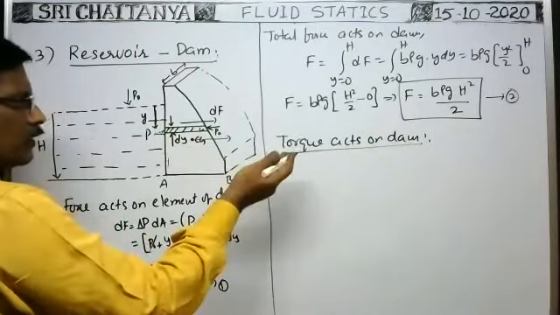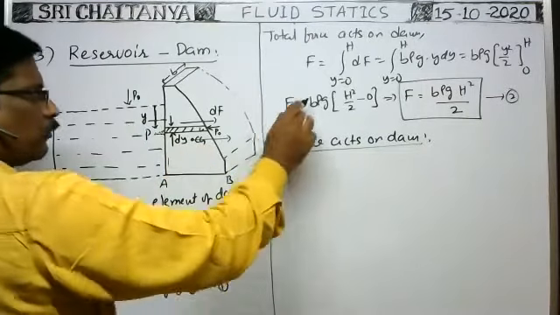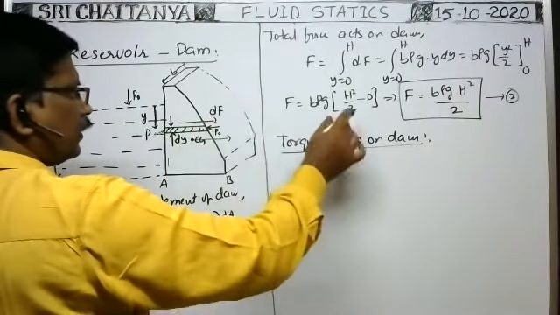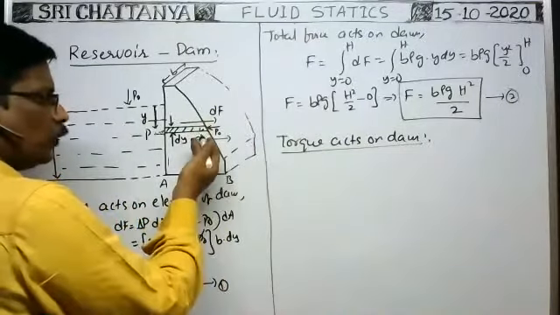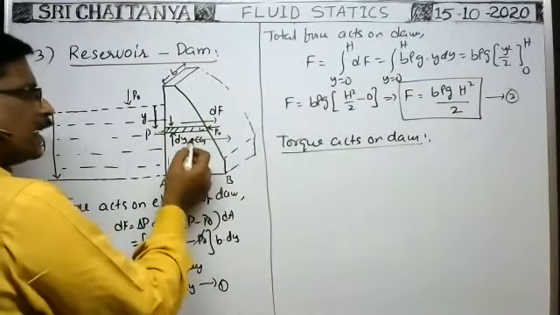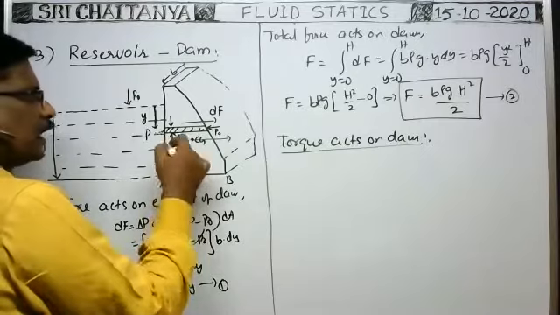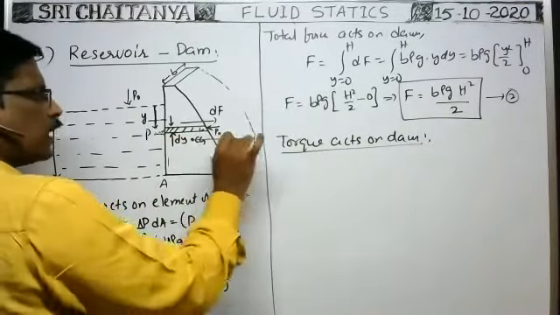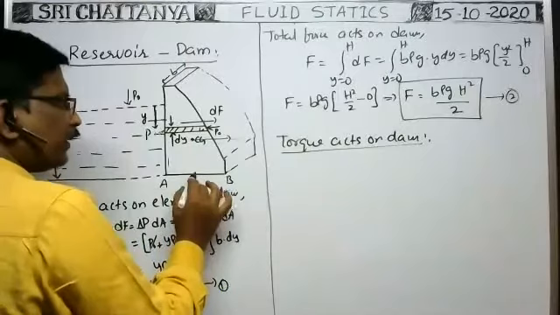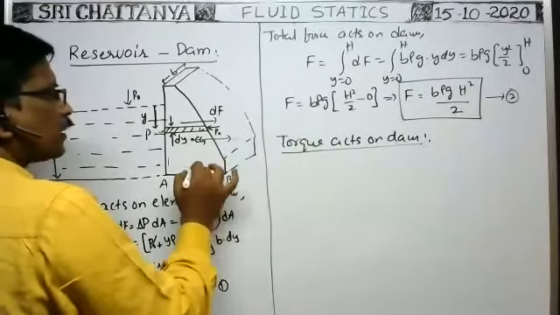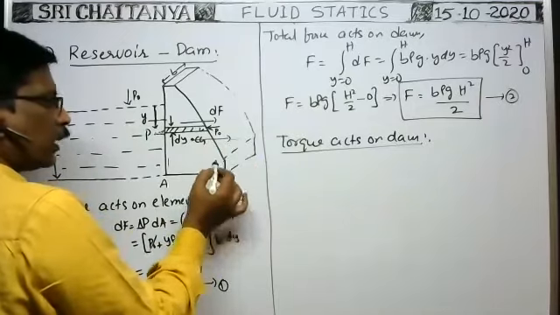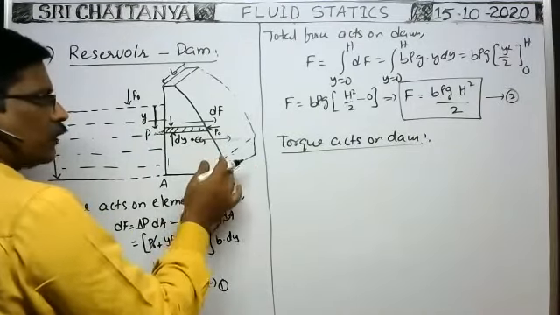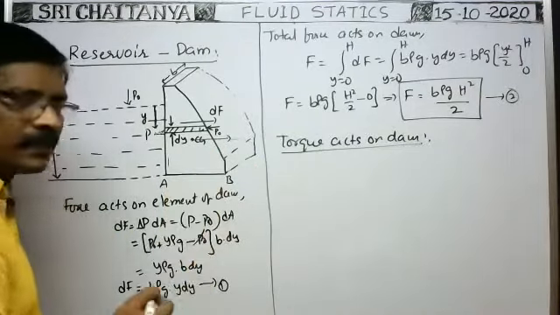Because the force is not constant, and suppose we got the net force acting on the dam in this direction, where it lies we don't know. If you know the center of gravity or center of mass of the dam, then we can say this force acts through the center of mass. If you know the distance, then this force into the perpendicular distance of this force from the point of rotation, about the point B, gives the net torque. But we don't know where the center of gravity lies.